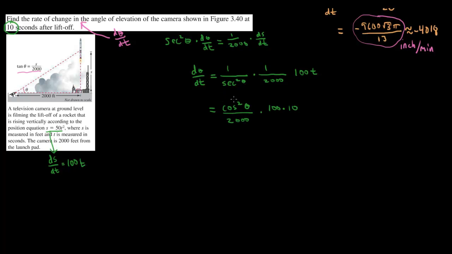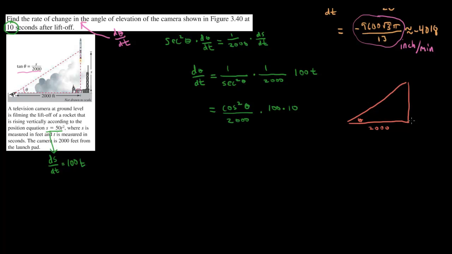I think we can find cosine of theta by, again, considering the specific triangle when t equals 10. Let's draw the triangle over here. This side is 2,000, and this is theta.